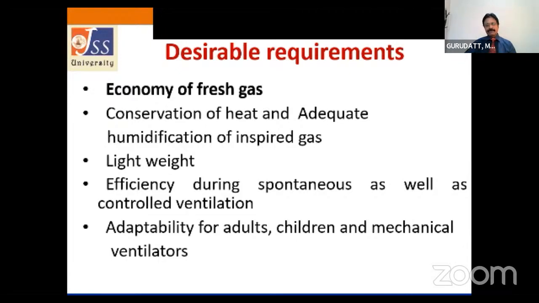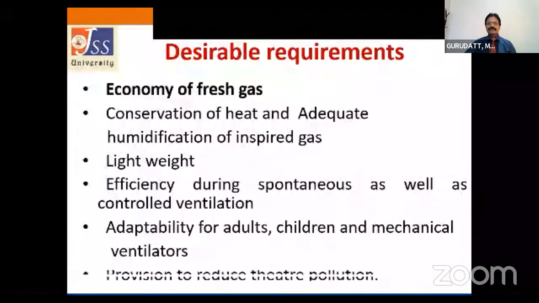Of course, till now we don't have any breathing system which can satisfy all these requirements. The closed circuit comes very close to meeting all of them. One more requirement is the provision to reduce theater pollution, which depends on the scavenging system.